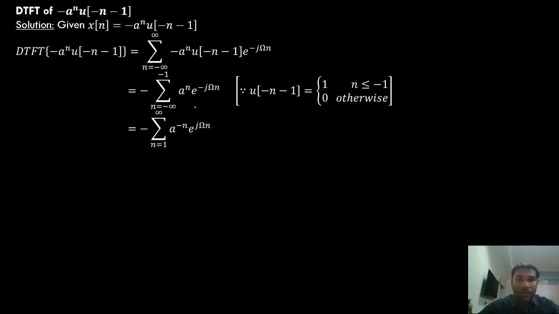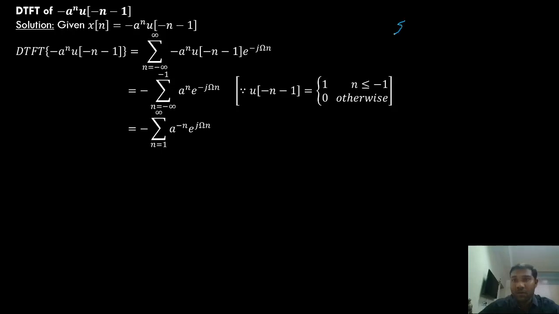Now I am replacing n with minus n. I am substituting n is equals to minus n. So this is what happens, right? My limits from minus infinite to minus 1 is now becoming 1 to infinity. Now again, what is the standard form?